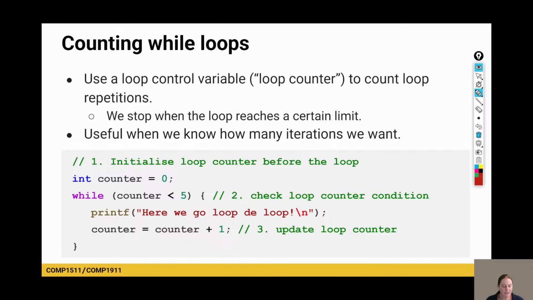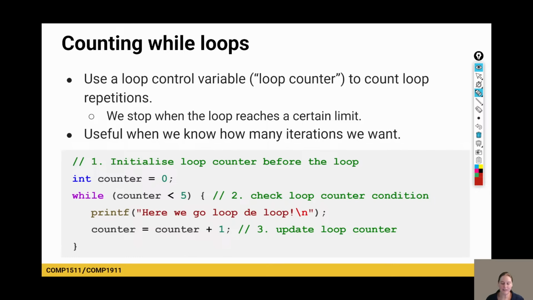So how many times do we think we're going to print out, here we go, loop-de-loop? Sometimes it can be a bit confusing when we've got a counter starting at 0. Sometimes people think, does that mean it's 5 or 4 or 6? But it's going to end up printing this out 5 times. It can be very confusing.